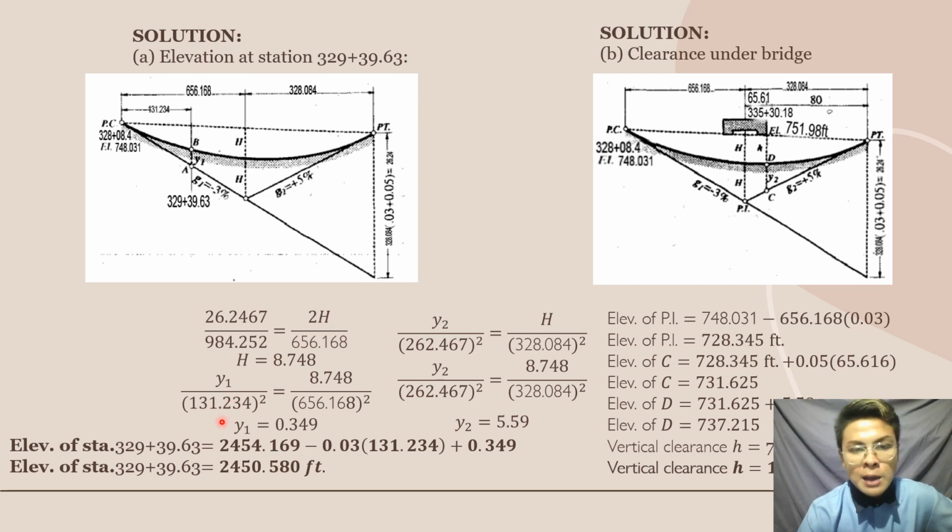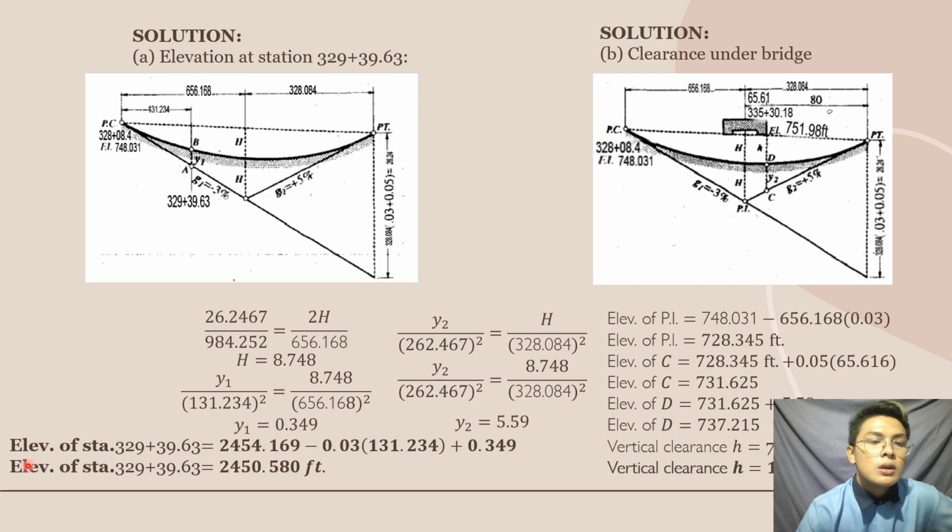Next we get our Y1. By using the formula, Y1 divided by 131.234 squared is equal to 8.748 divided by 656.168 squared. So we have Y1 equal to 0.3349 and our Y2 equal to 5.59. Here's the computation.